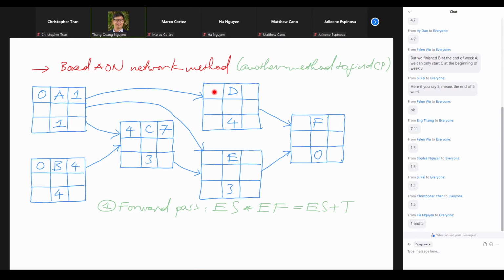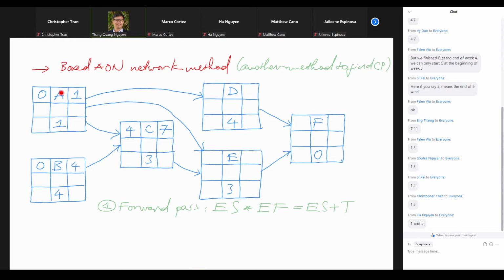We have to avoid all the time conflicts, right? So D has a requirement before it, which is A. So we need to look at A so that we can honor the precedence relationship for D, right? So there's only one requirement before D, which is A right here.